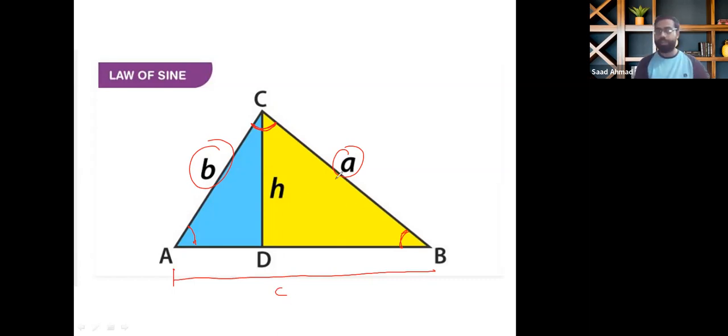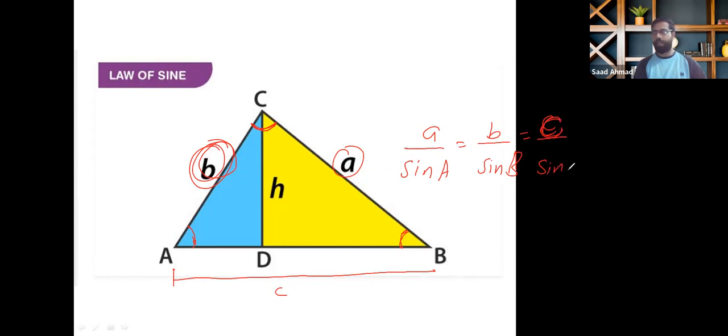So what we are saying is that the side length a over the sine of angle A equals b over the sine of angle B. Similarly, it equals c over the sine of angle C. The small letters are the sides and this one is capital C. So this is the basic formula for the law of sines.